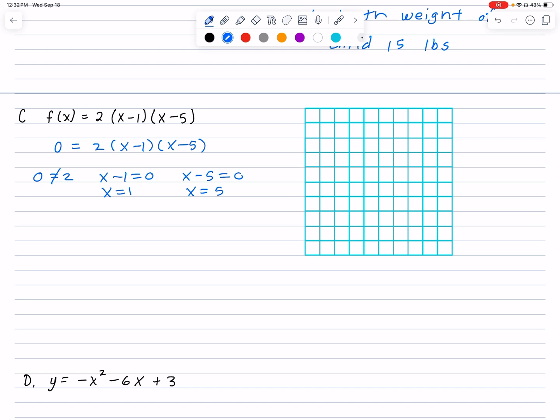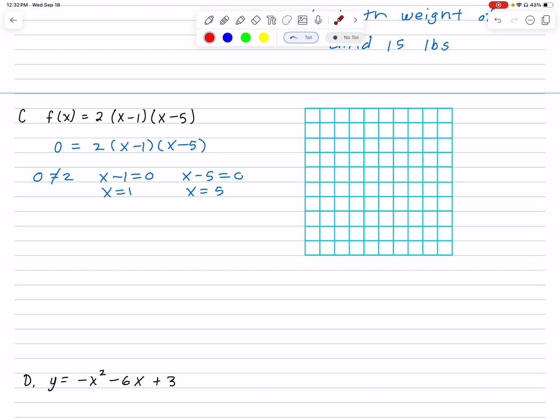So if we wanted to, we could already start graphing and plot our x-intercepts because this tells us where it crosses the x-axis. I'm going to wait and use them as a check because I'm just going to grab the vertex and do my normal thing, but we could already graph a couple points if we wanted to.